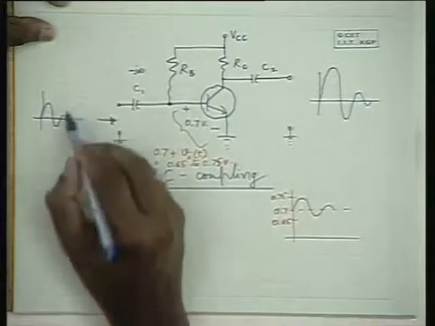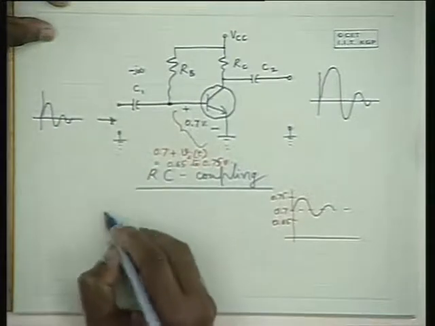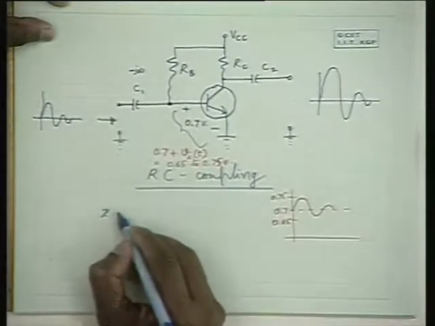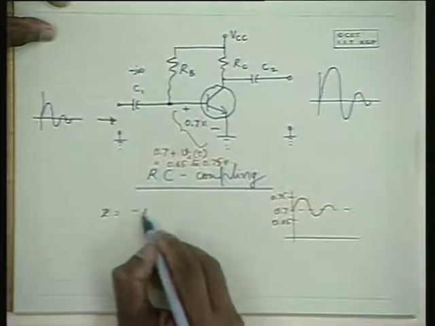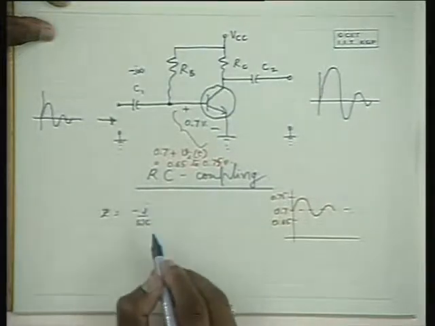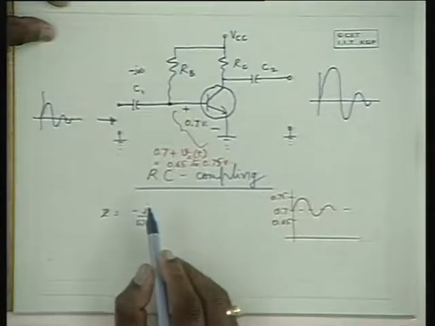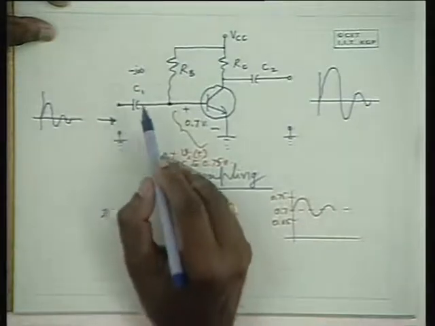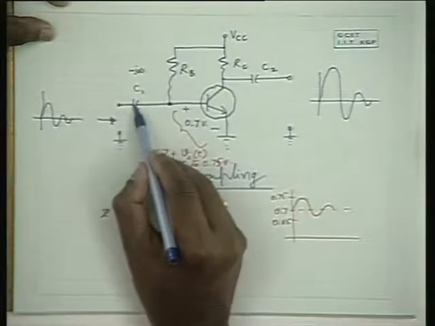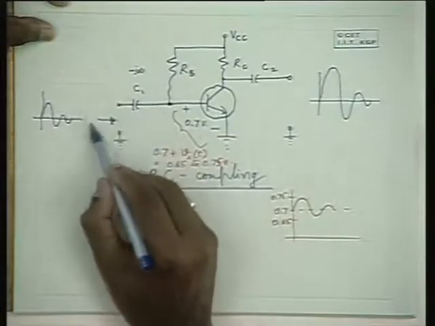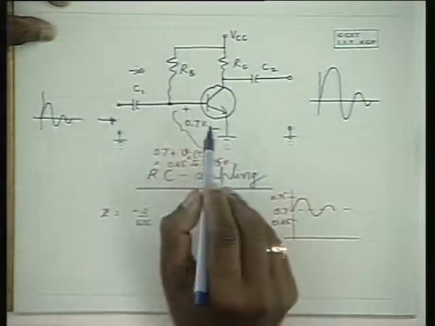Now for alternating signals, the impedance is equal to minus j by omega C. If omega C is of the order of a few ohms, please note that this would be only a few ohms as far as the alternating signal is concerned.